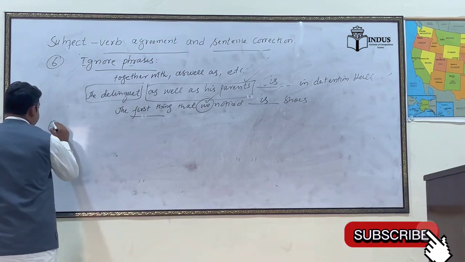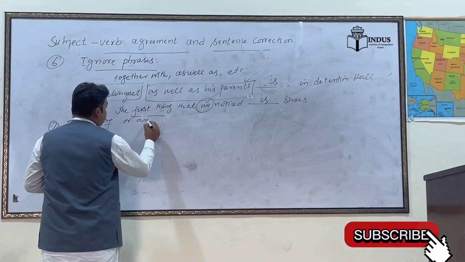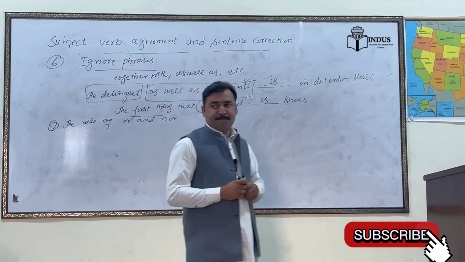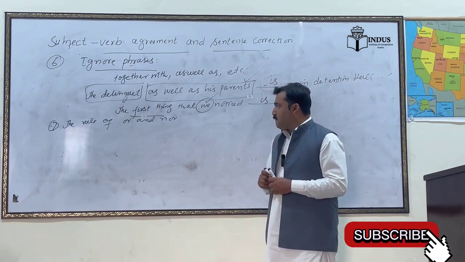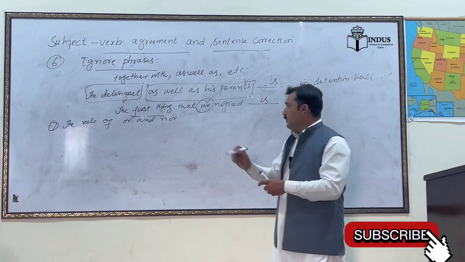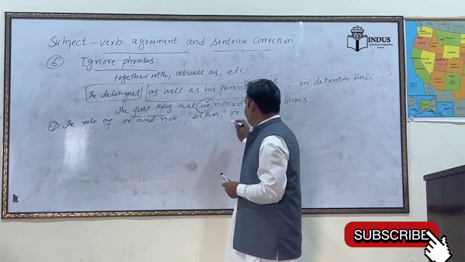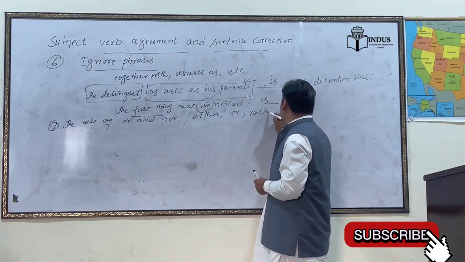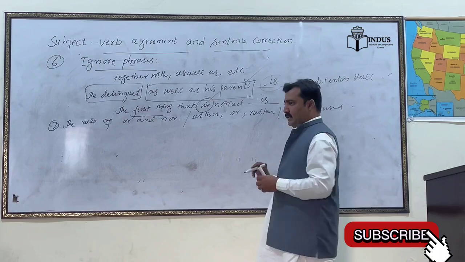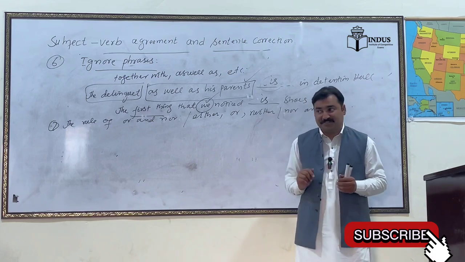The next rule is the rule of or and nor. In sentences where or, nor, either or, neither nor are used, these sentences contain two subjects.